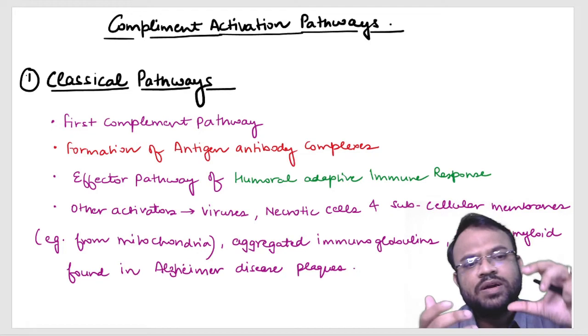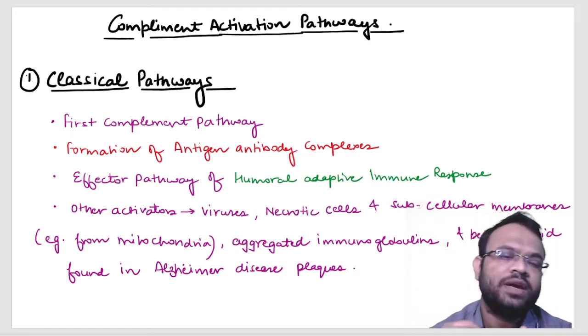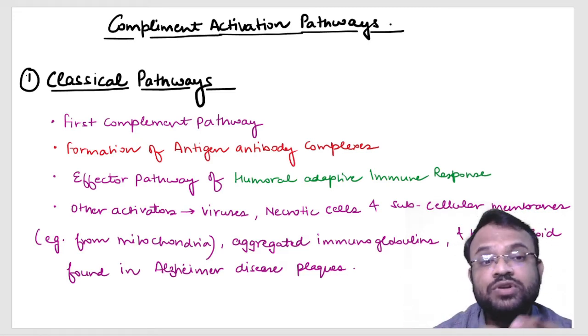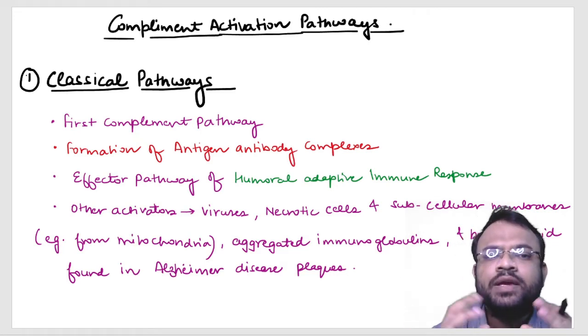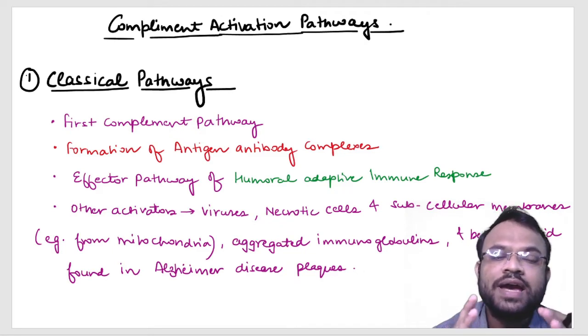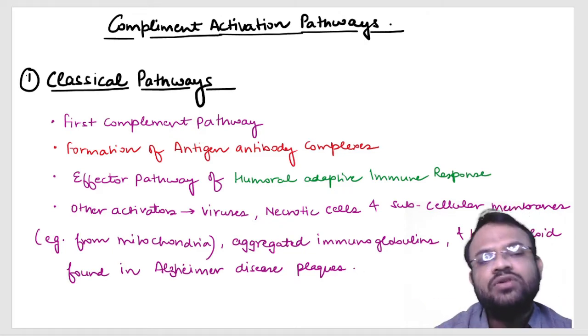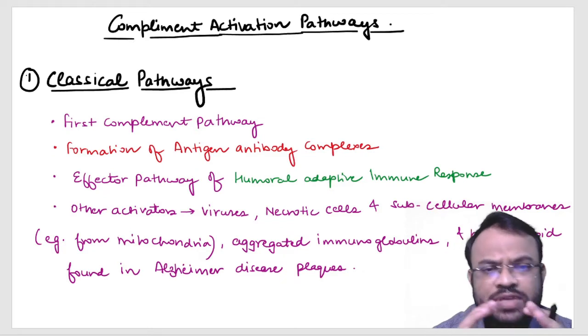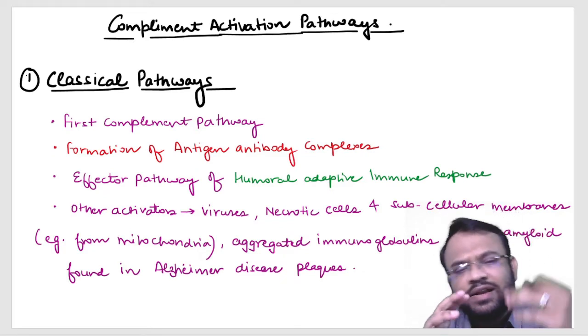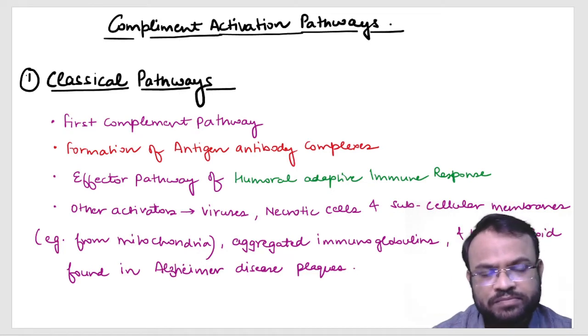This deposition interferes with the capacity of the brain to function, and therefore a person loses memory. Apart from disturbing memory, this beta amyloid protein can also activate the complement system. So these are some of the important points related to the classical pathway.